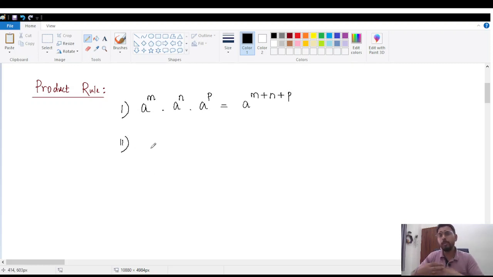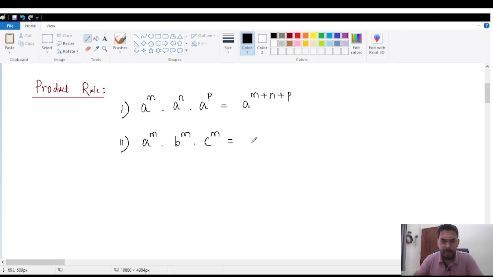But if the opposite happens, let's say I have a to the power of m times b to the power of m times c to the power of m and so on. Here the bases are different, a, b, c, but the exponent is the same.